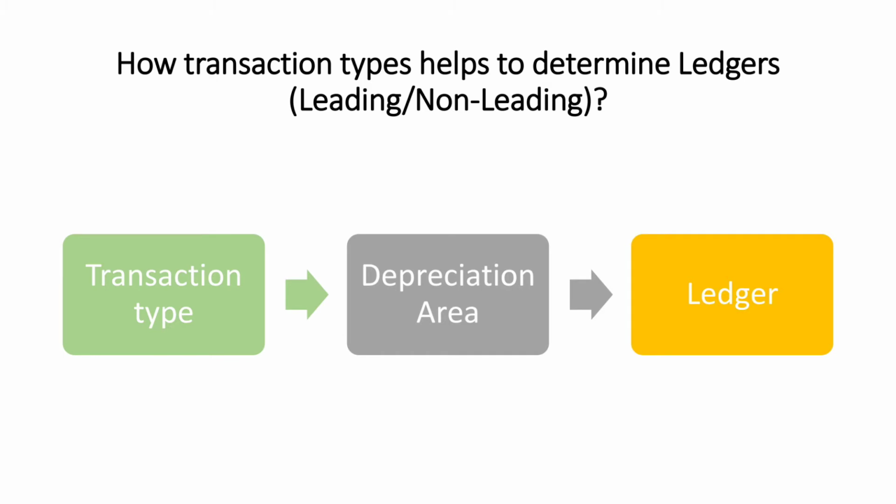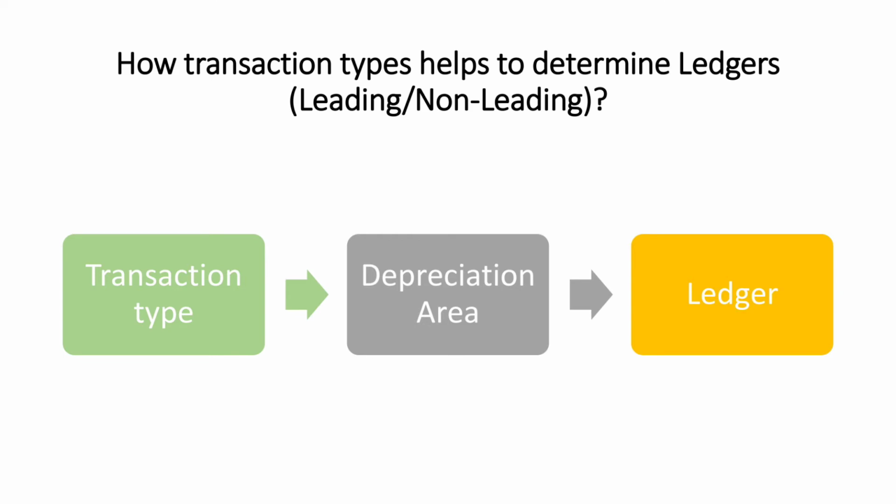So in this case, we need multiple transaction types. For example, we have a transaction type 640 which is used to post unplanned depreciation, but it is not restricted to any depreciation area, so it will post documents in all ledgers.